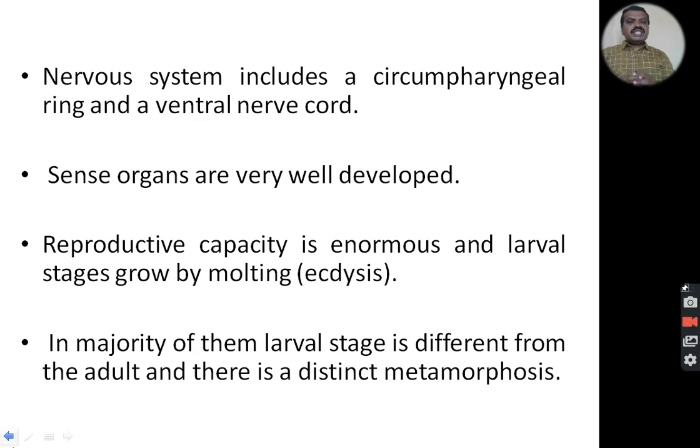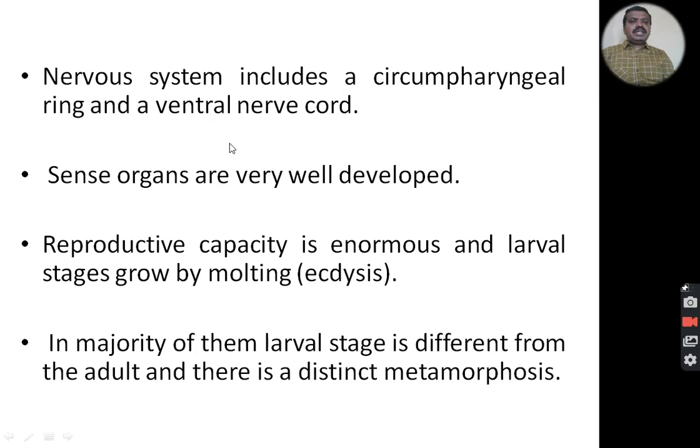From these ganglia a ring-like structure forms, called the circumpharyngeal ring, which is usually situated in the head. From the circumpharyngeal ring, a nerve cord runs from the anterior to the posterior end of the body, called the ventral nerve cord.